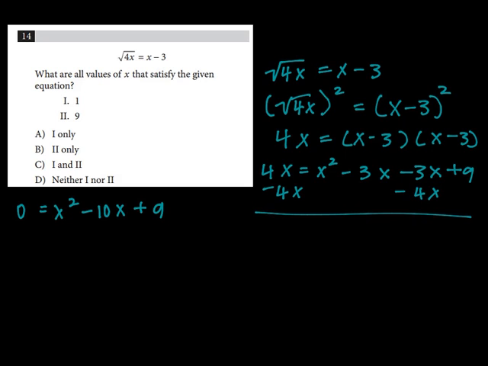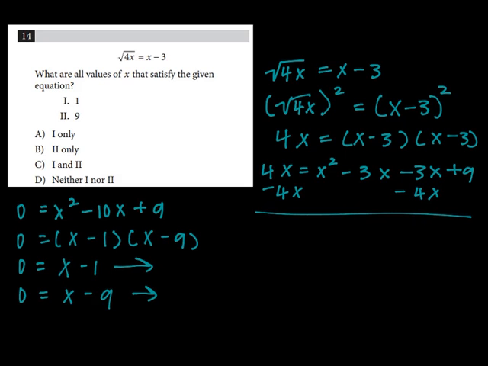And that's our factored form. So 0 equals x minus 1 and x minus 9. Now we can do them separately: 0 equals x minus 1 and 0 equals x minus 9. Therefore, x would equal positive 1 and x would equal positive 9.